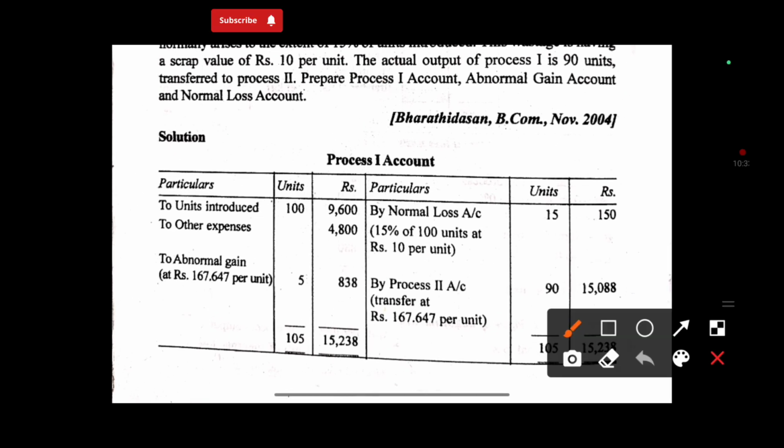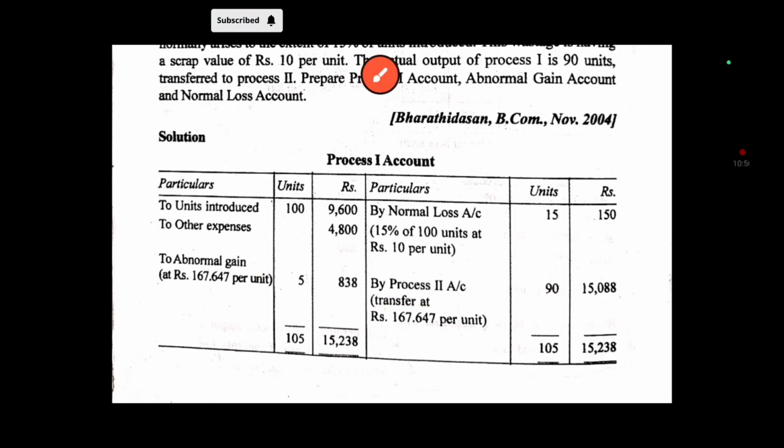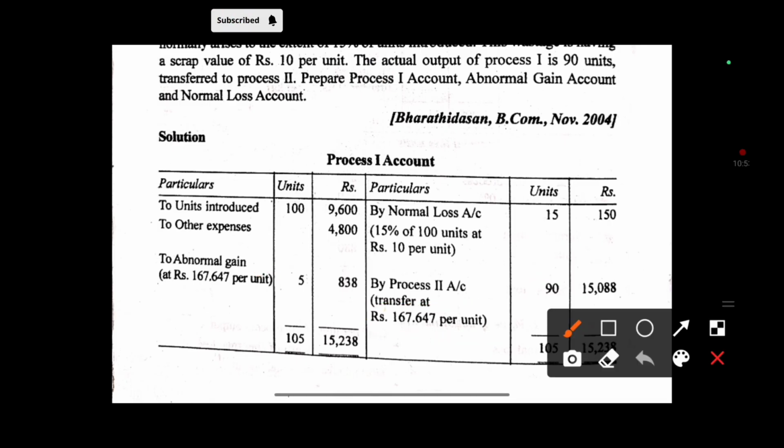Listen. So the cost per unit value is 167 rupees 647 paise. On both sides you are going to enter it, because we have the actual output and we have the abnormal gain on both sides. So you enter the cost per unit on both sides. Look at here, the cost per unit is 167 rupees and something paise.